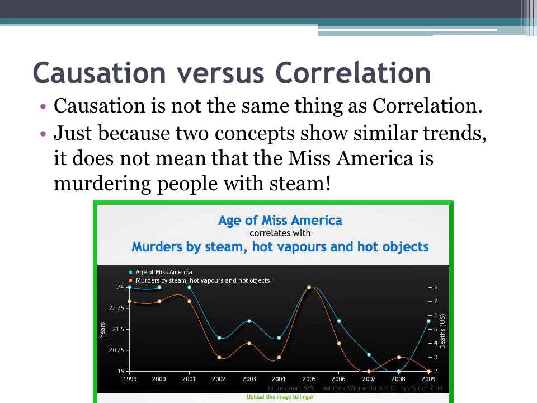So if you look at this chart below, what you'll see is the age of Miss America correlating with murders by steam, hot vapor, and hot objects. And you'll see that this graph is crazy accurate in terms of the age of Miss America and how many people are getting killed with steam, hot vapor, and objects.